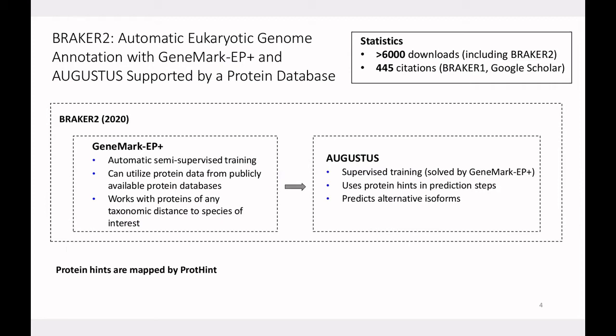So whenever there is a conserved domain in an otherwise remote protein, ProtHint will still be able to catch this information and use maybe 1 or 2 introns out of an otherwise very long gene to help improve the predictions. And this can be used to improve both predictions and training. So this is one of the reasons why BRAKER2 is a useful tool.